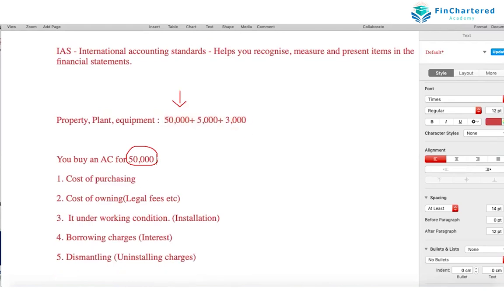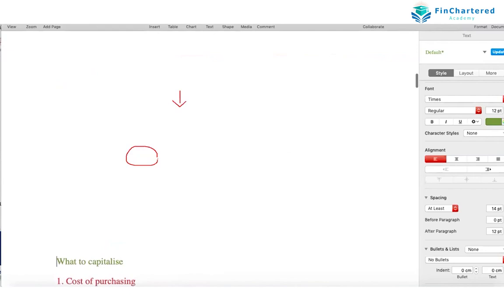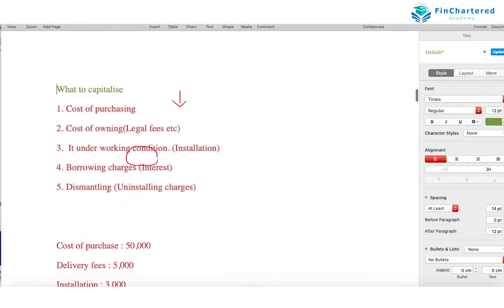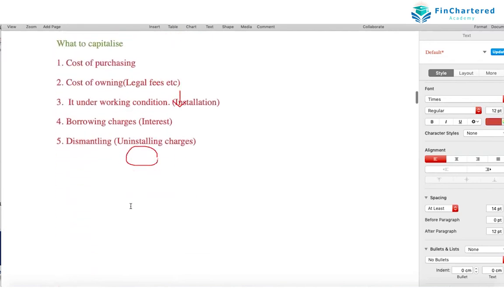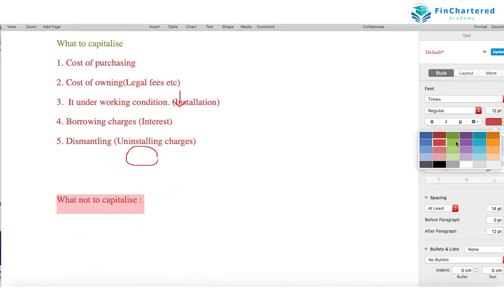Any problems here, guys? What to capitalize? Now, whenever we say what to capitalize, we also have to say what not to capitalize. For example, once you buy the AC, every month there will be an electricity bill.